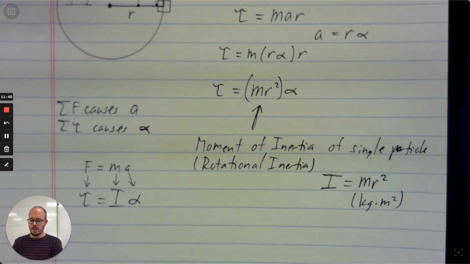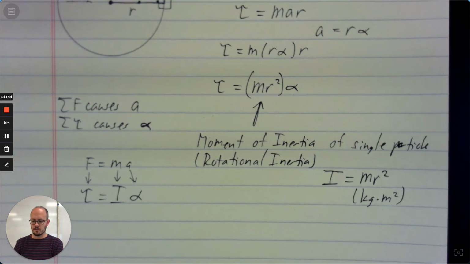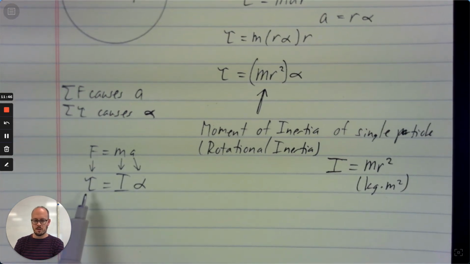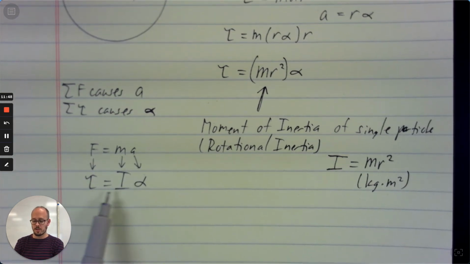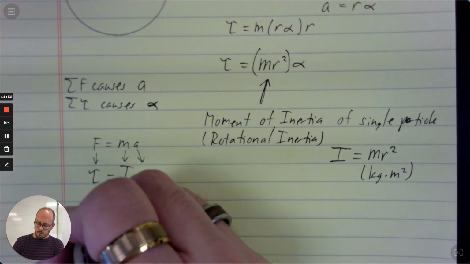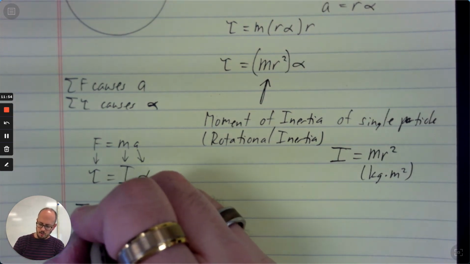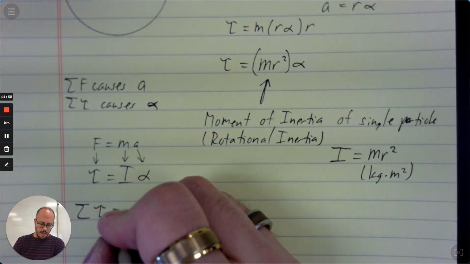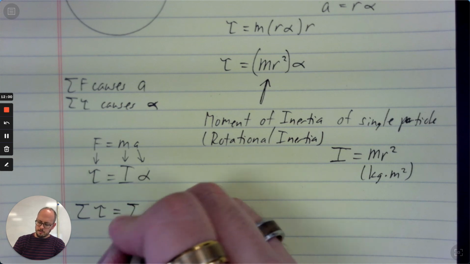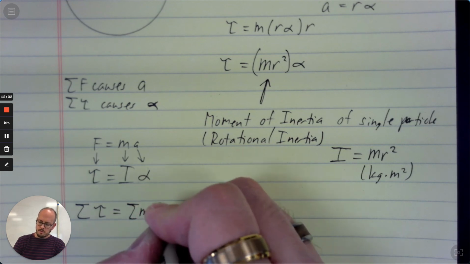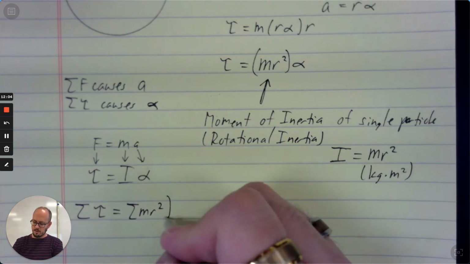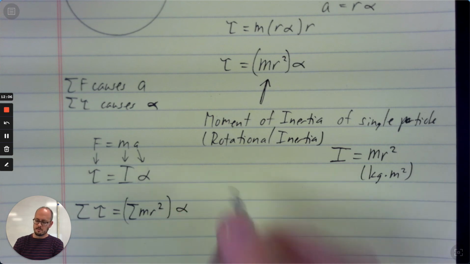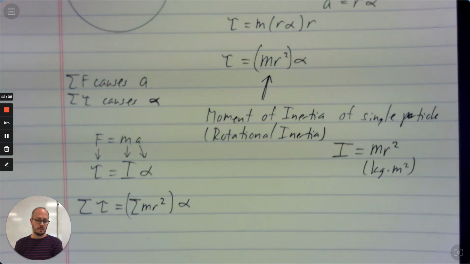And so the way we get to the true Newton's second law of rotation is to say, if we do torque equals I alpha for every particle of an object, then all we're doing is adding all of the torques together and adding all of the moments of inertia together, and that comes along with an angular acceleration.